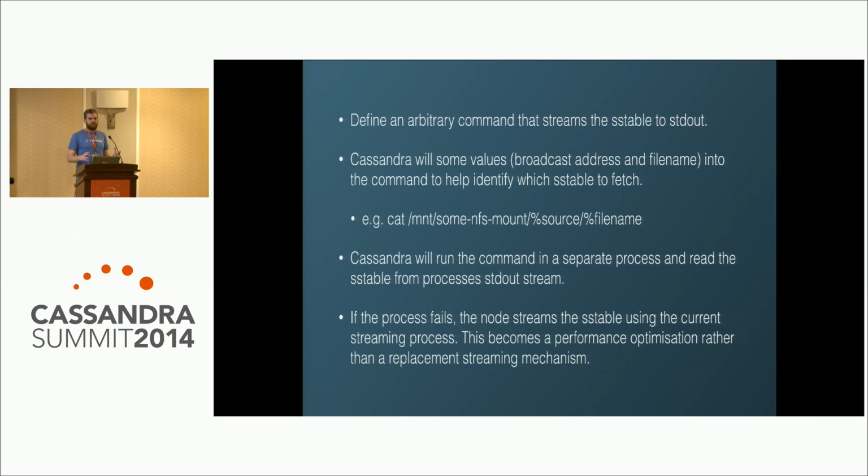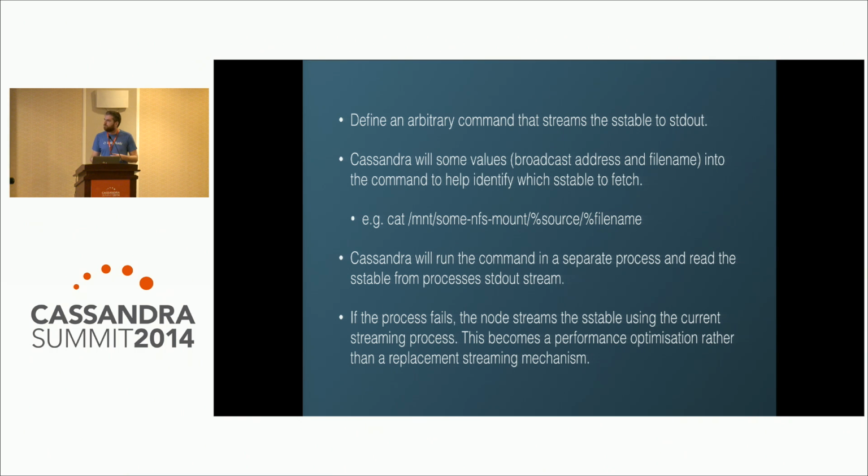What we've done is patch Cassandra 2.1 to intercept some things in different places. It's very similar to the way that commit log archiving works. If anyone's used that, that's where you define an arbitrary command in a properties file.